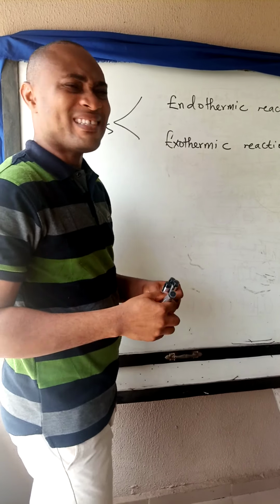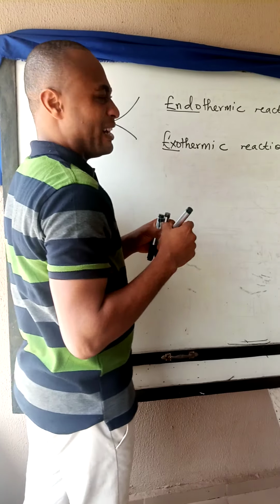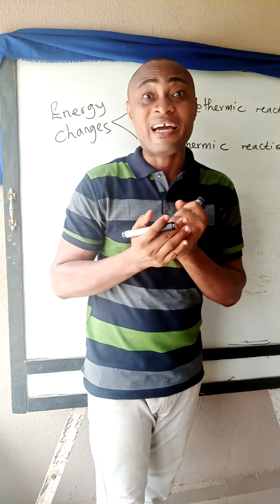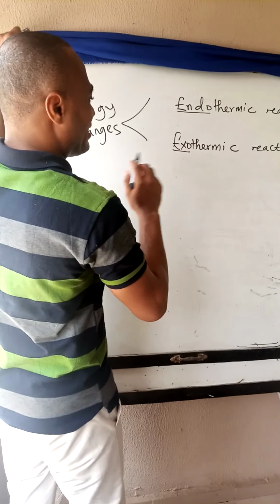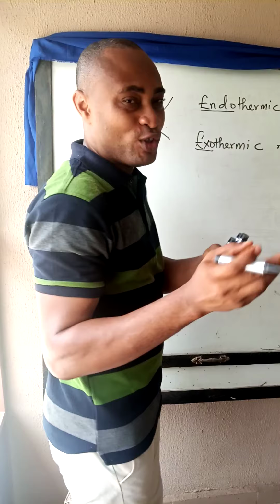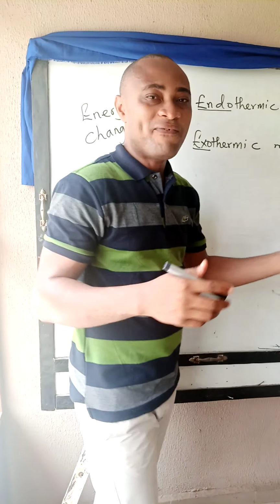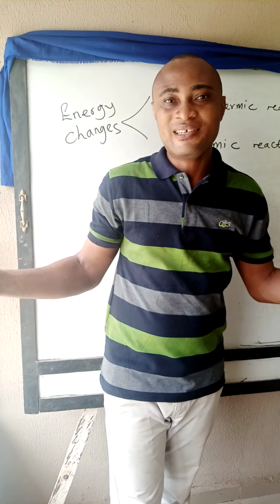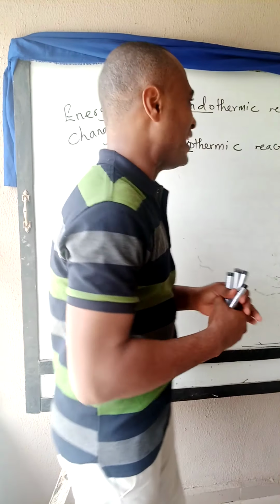In your biology sense, look at these words, endo and exo. When you were looking at biology under classification, we have the vertebrates and the invertebrates. I just want to use a little of biology, because biology, physics, and chemistry are all linked. That is why the sciences are very easy, and that is our aim.